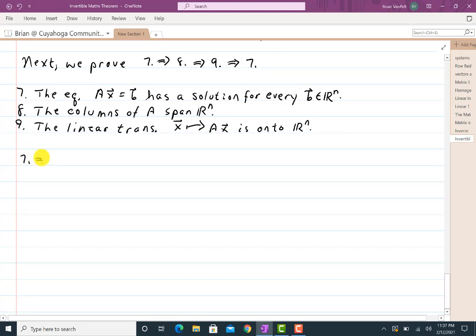7 implies 8. All right, now we assume AX equals B has a solution for every B in Rn.